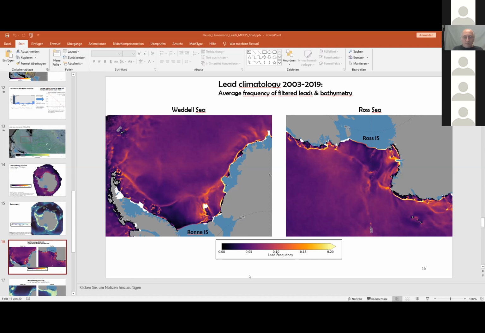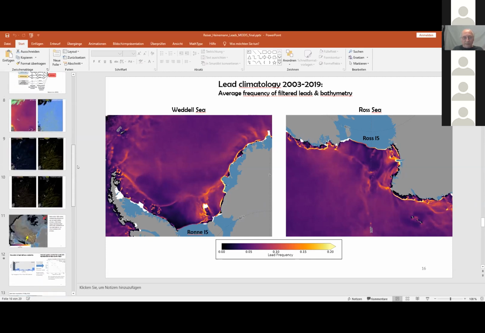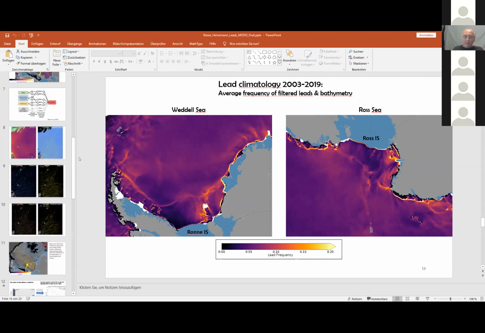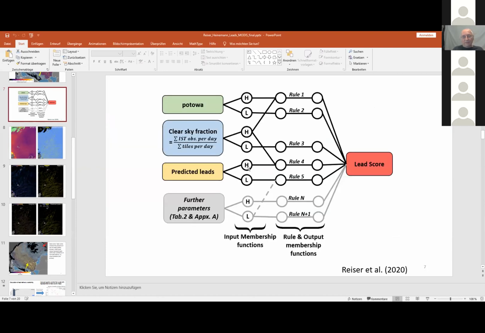Yeah, so that's the issue, that the cloud mask available with the MODIS data has too many errors. So that's why we do all this algorithm here to filter out the clouds.